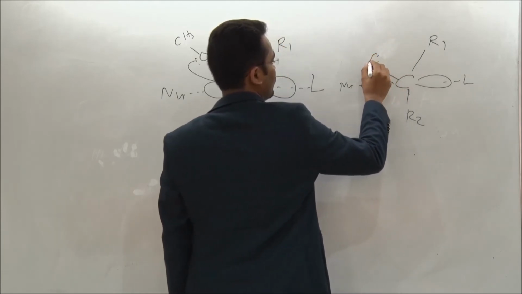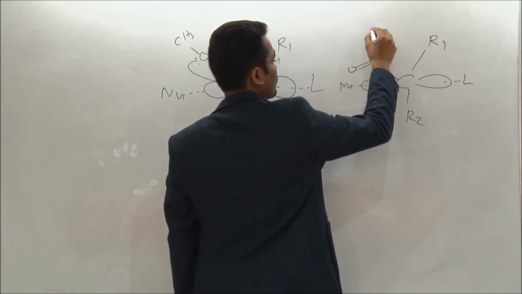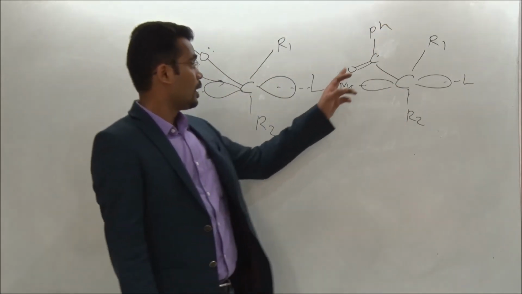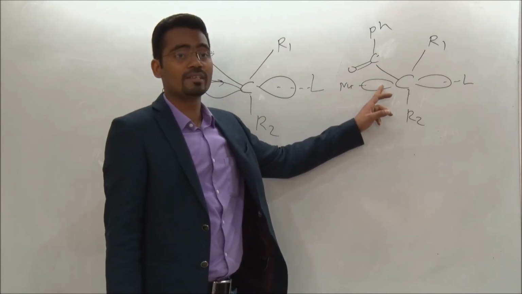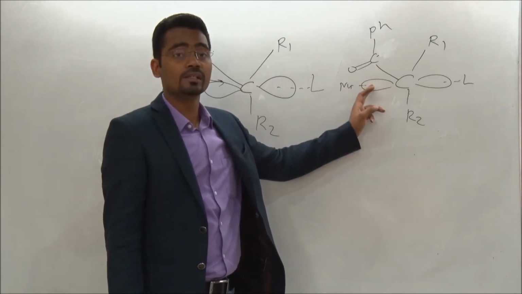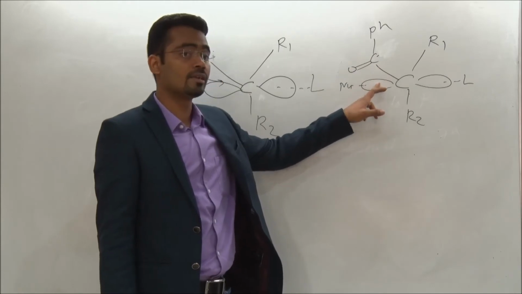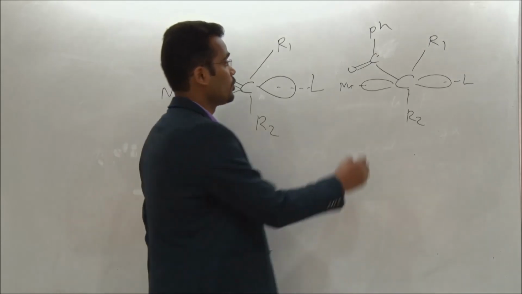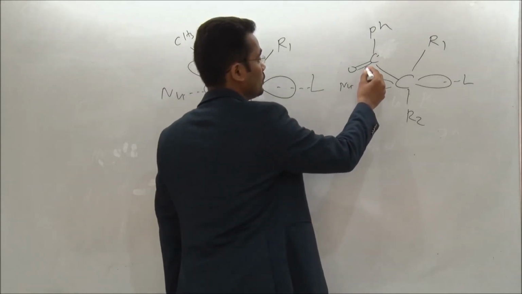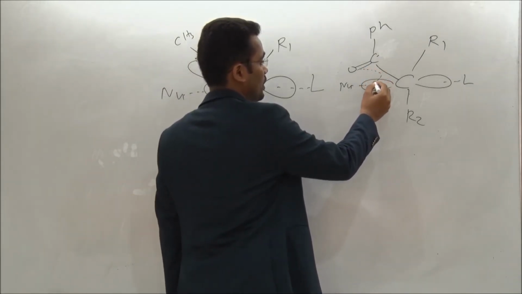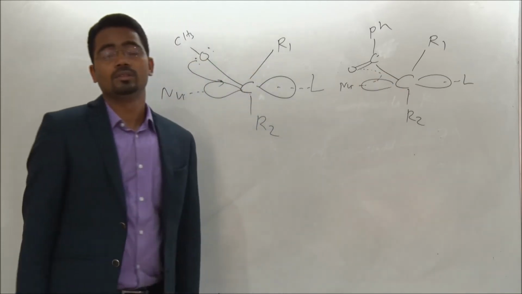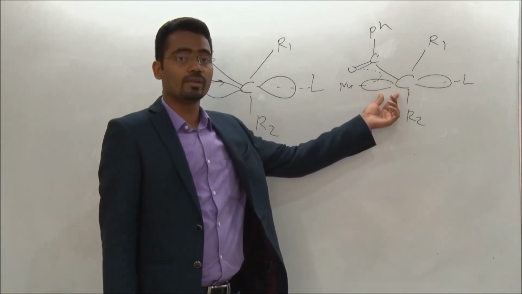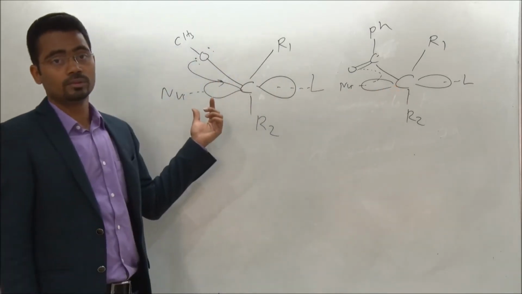See here, double bond, single bond, vacant orbital. It is called conjugation. So here also conjugation occurs. So because of this conjugation, this becomes more stable. And here also. Got it?